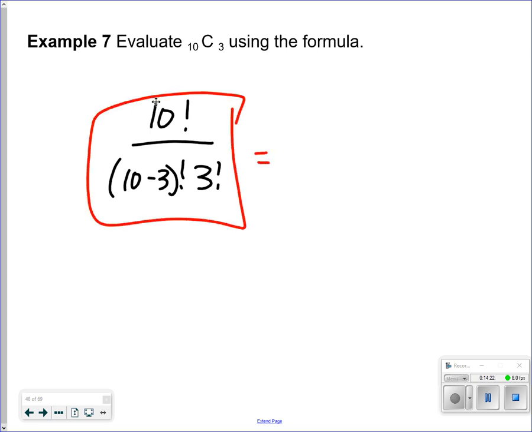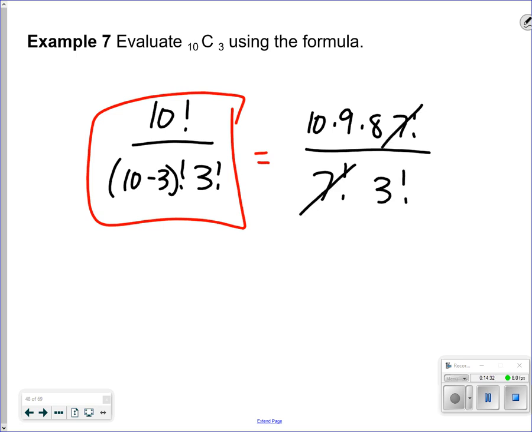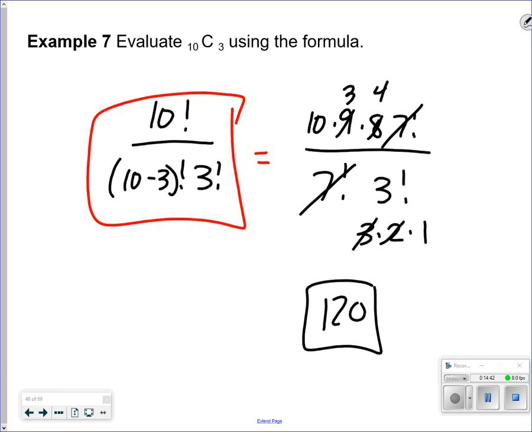Now, calculating it, you can use a calculator if you want. 10 factorial is 10 times 9 times 8 times 7, and so these two are going to cancel each other out, over 3 factorial. And so I end up getting 120. I will use my calculator just to show you that it does work, but the only thing you'd have to show is that you know where to put the numbers into the formula.